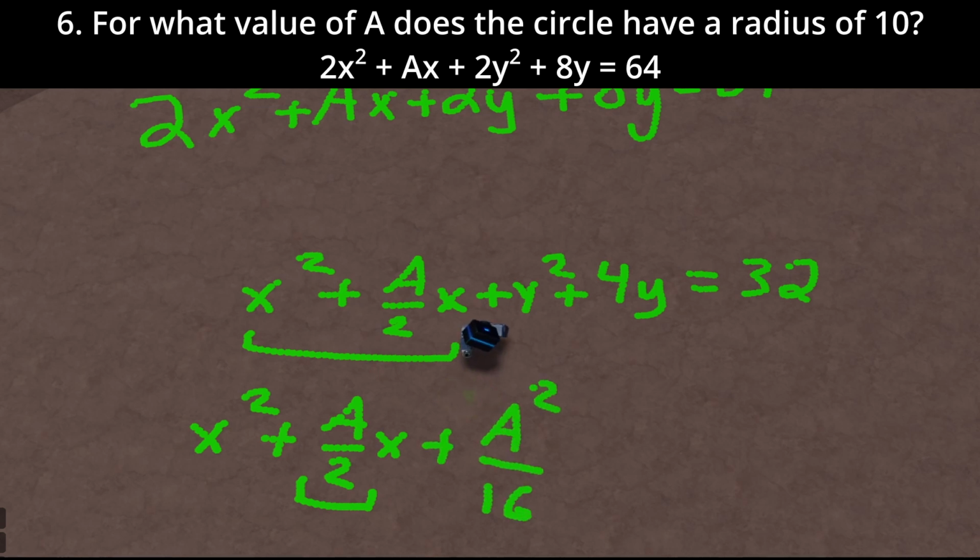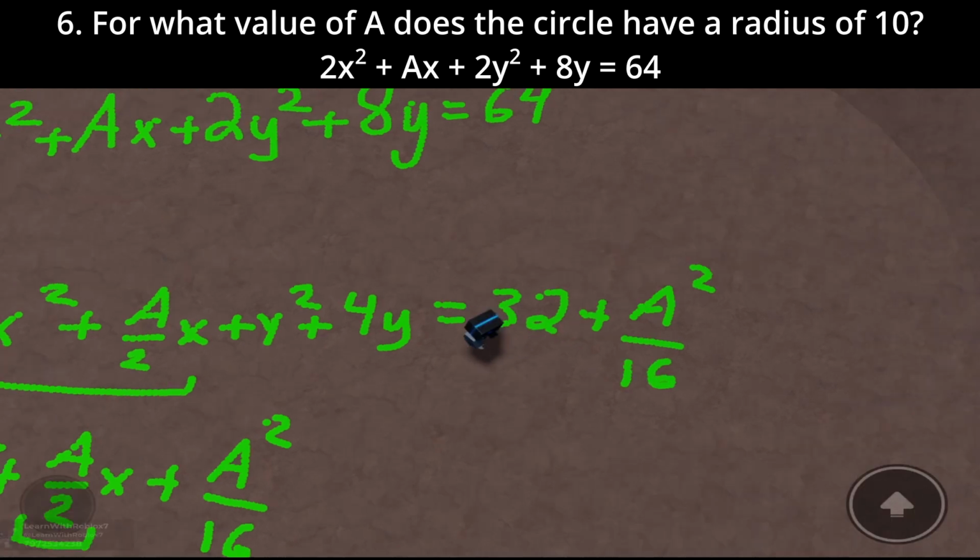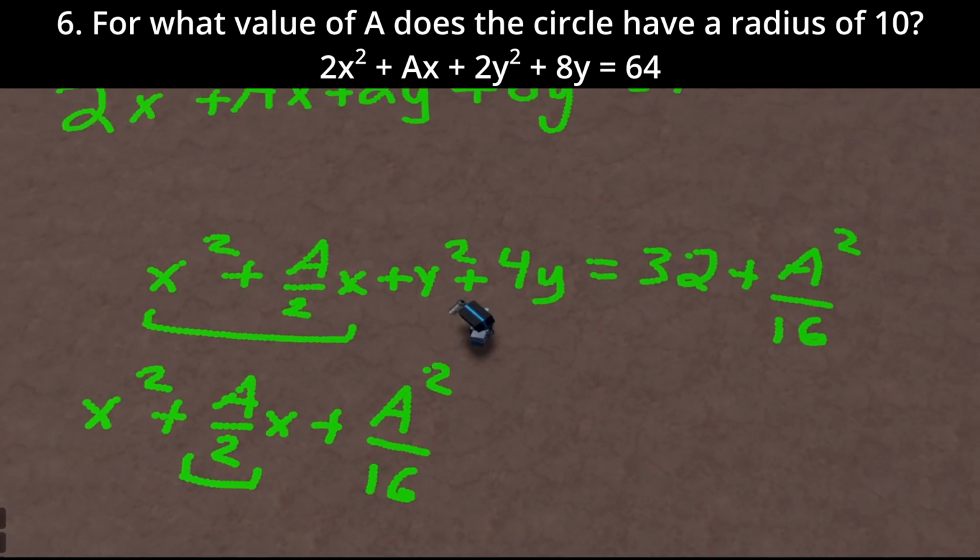If I add a squared over 16 to this side, I need to add it to the other side as well. So here I'm going to add a squared over 16 to 32. But now to factor x squared plus a over 2x plus a squared over 16, that just becomes x plus a over 4 squared.